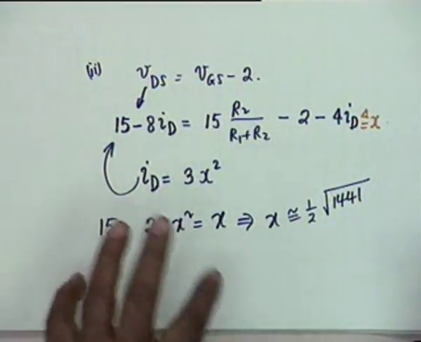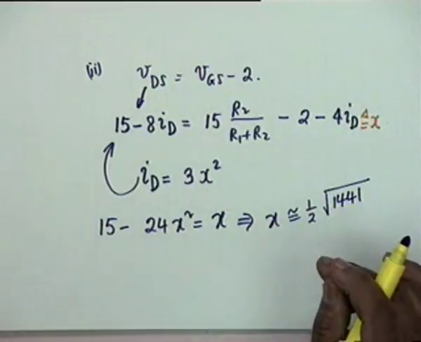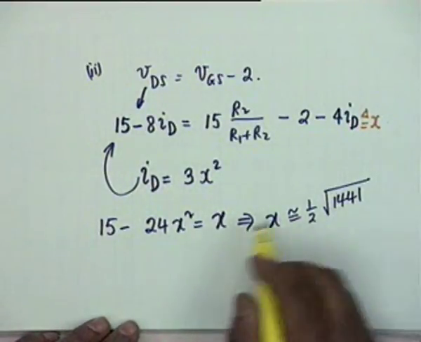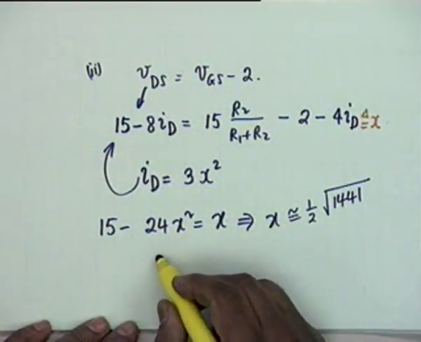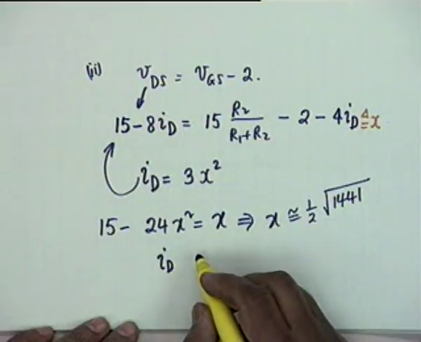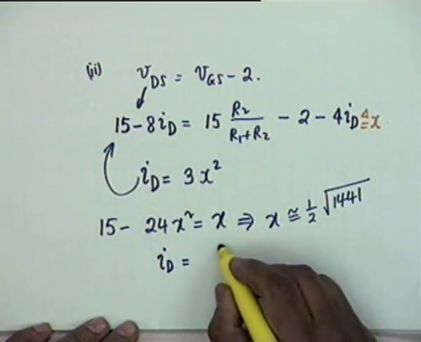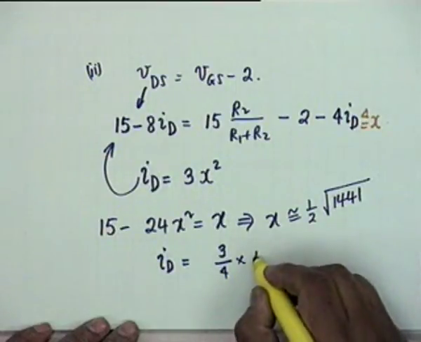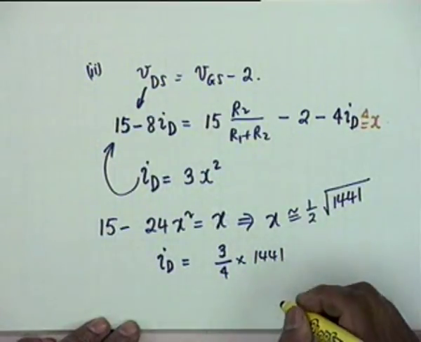I am leaving this algebra to you. And if you can find out x, then you know ID. Okay, ID is 3x squared, so it would be 3 by 4 multiplied by 1441.